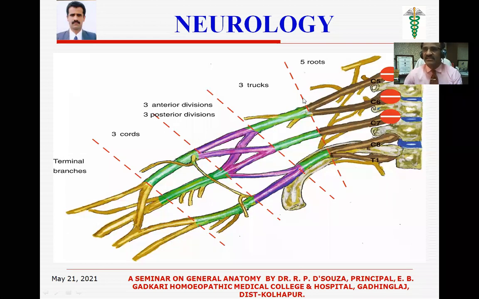This is how they unite to form trunks. The trunks get divided, eventually cords are formed, and cords give branches which are called the actual nerves. Now this is regional anatomy study, and we will study that during the time of upper limb study. So this is just an outline of the brachial plexus which I am showing you.